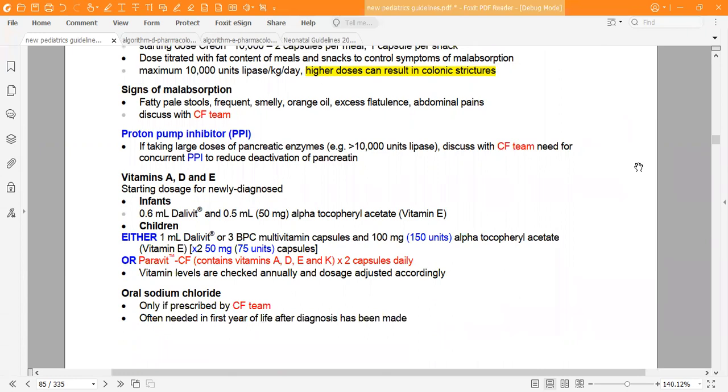Proton pump inhibitors: if taking a large dose of pancreatic enzymes, more than 10,000 unit lipase, discuss with the CF team the need for concurrent proton pump inhibitors to reduce the inactivation of pancreatin.